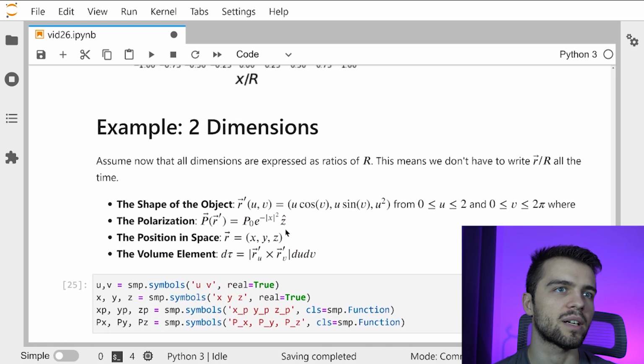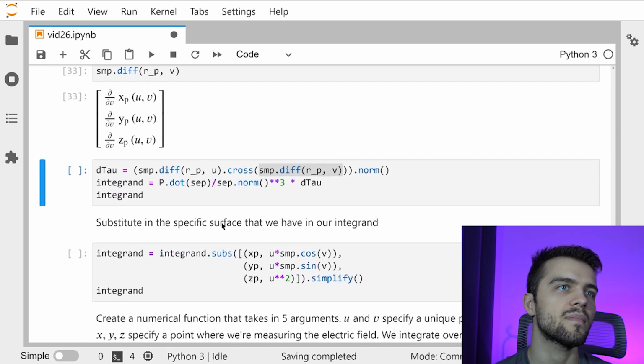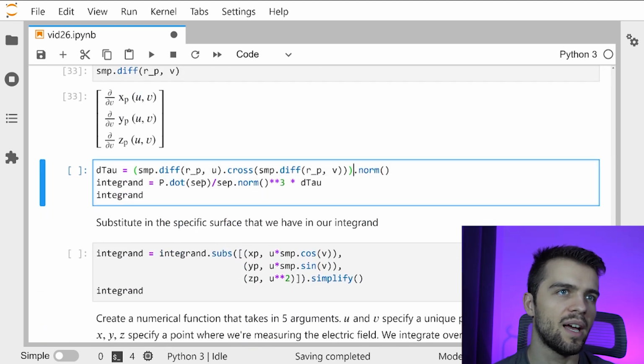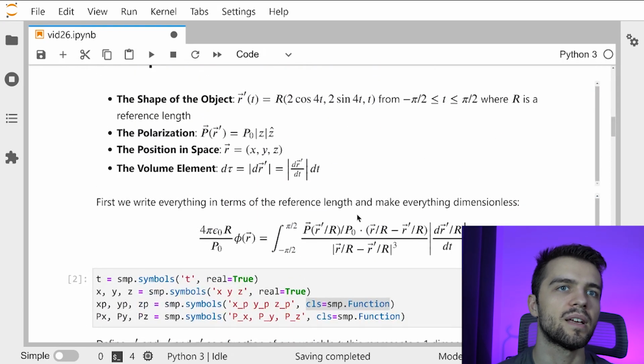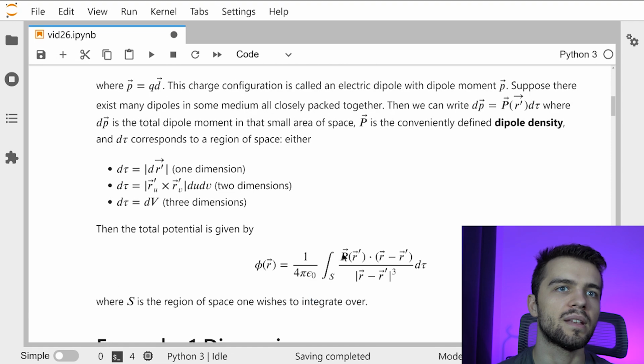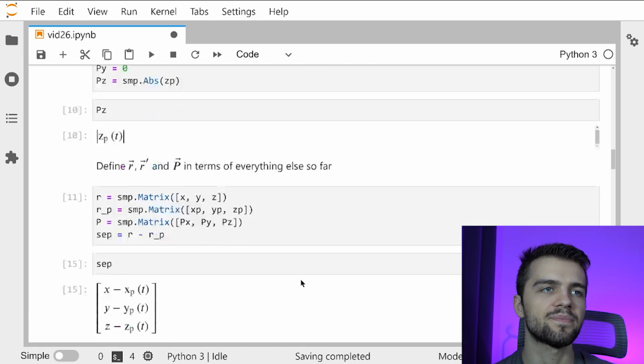That just follows directly from this, and then I take the absolute value of it. Then the integrand is equal to p dot sep over sep norm cubed times d tau. That's just this formula up here, times d tau, and I've already found d tau in this case.